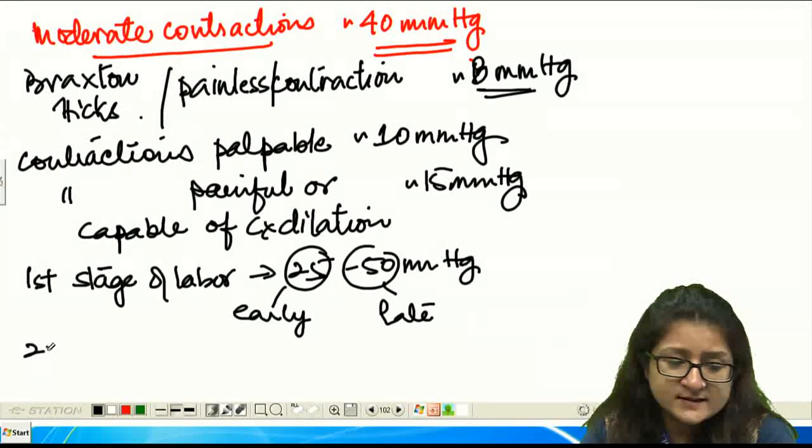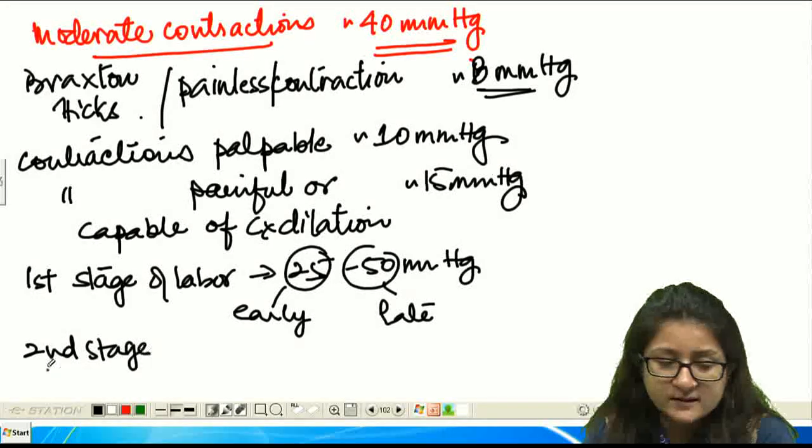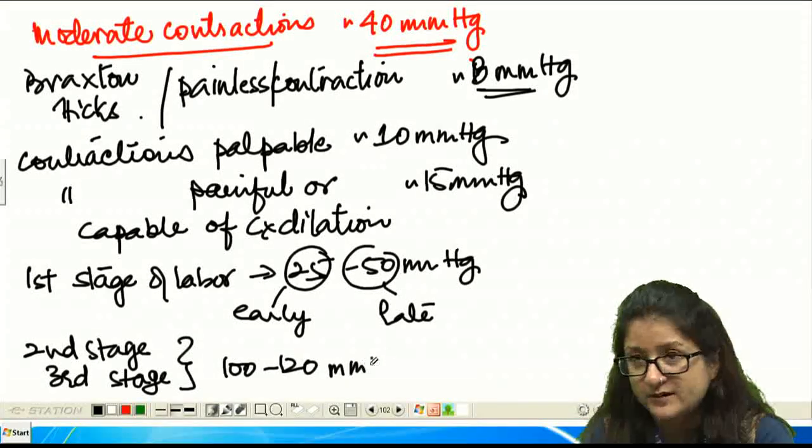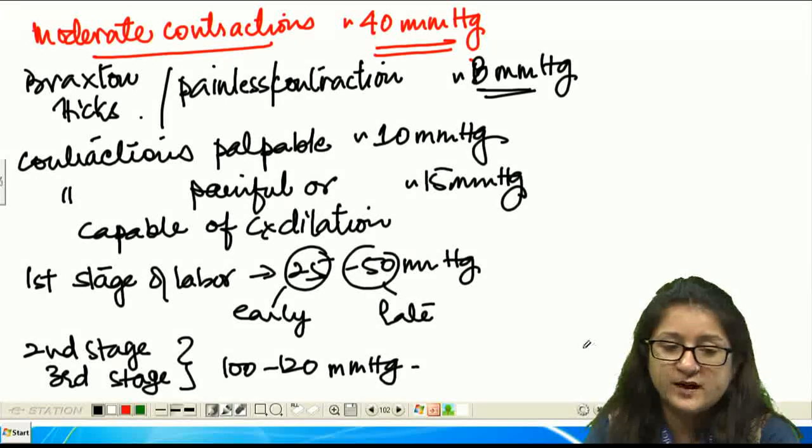In the second and third stages of labor, the contraction intensity is the same, at around 100 to 120 mmHg. So this is an important bit you have to remember about uterine contractions.